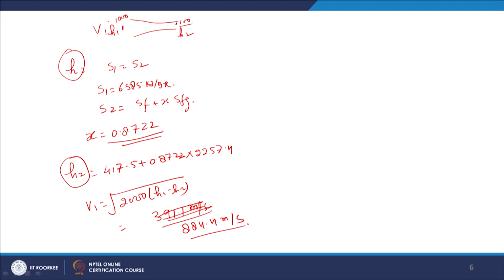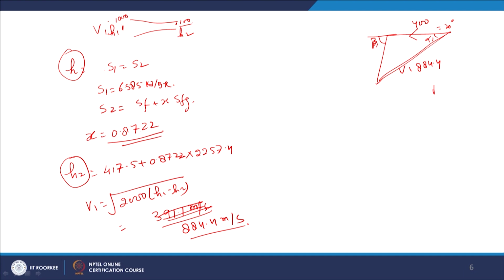Now we have calculated the value of V1. Now we have the value of U, the value of V1 and alpha. Now we can draw this part of the triangle, because this is 400, this is 884.4, right? Using the skills of trigonometry, since two arms are known and one angle is known, we can easily draw the triangle, or use formulas of trigonometry, to find the value of beta 1.